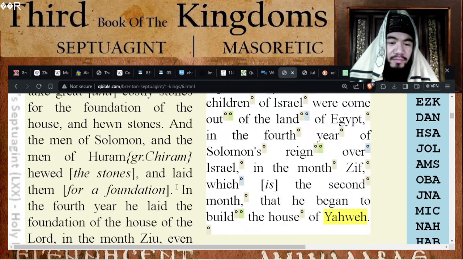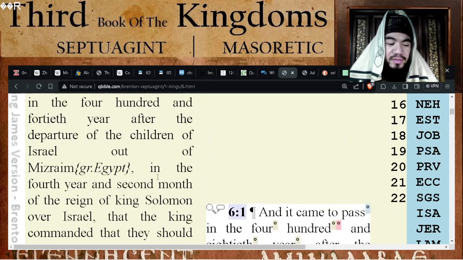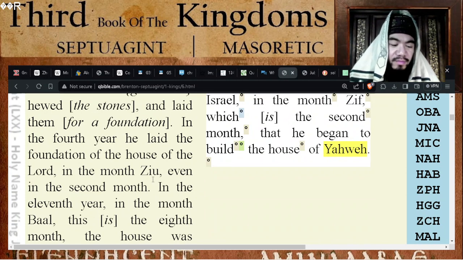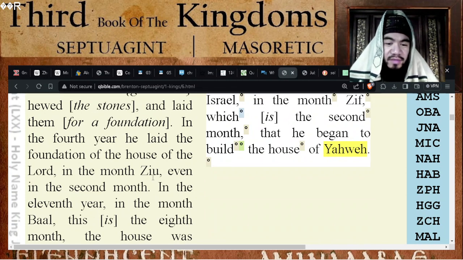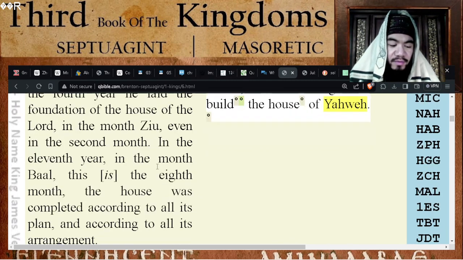What seem to be omissions in the Masoretic are actually part of the Masoretic, but in verses 37 to 38. And just for the record, it took Solomon 7 years and 6 months to complete the building of the temple.